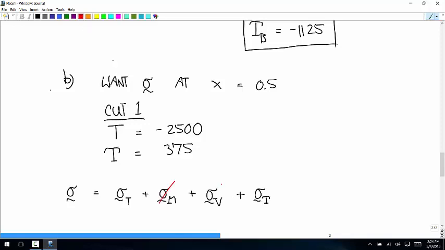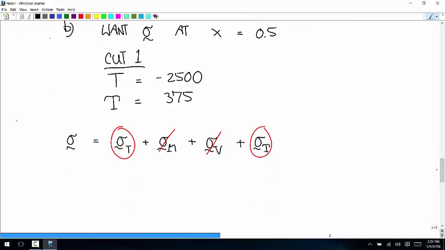There's none of this, so the only two we have to calculate are these. So the stress due to tension is the internal tension divided by the cross-sectional area.